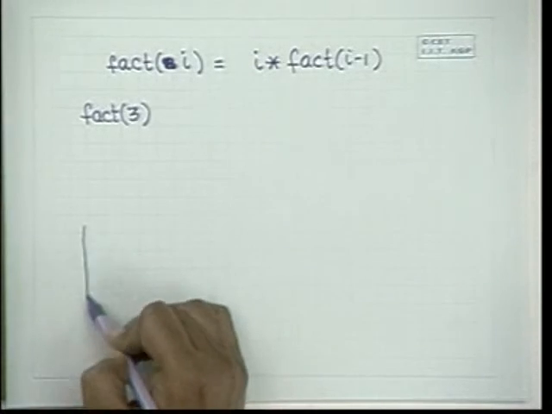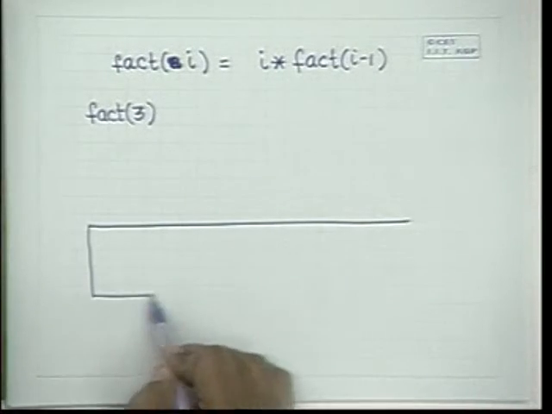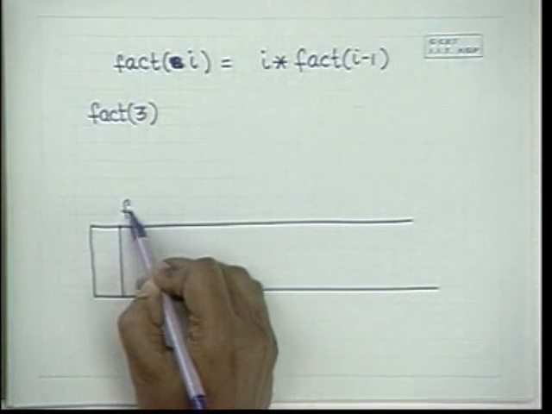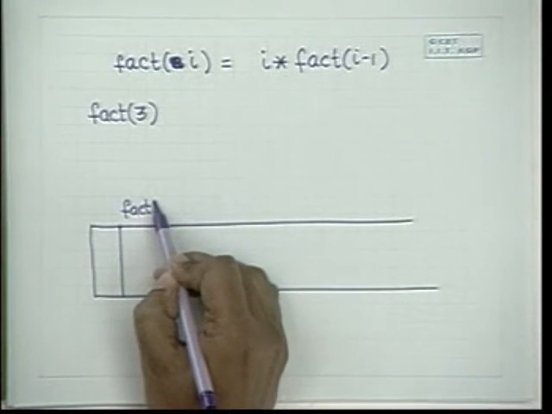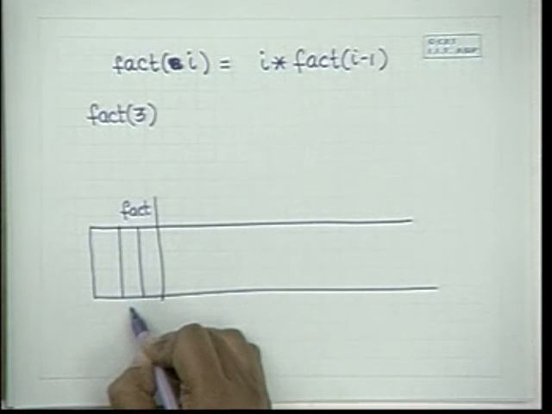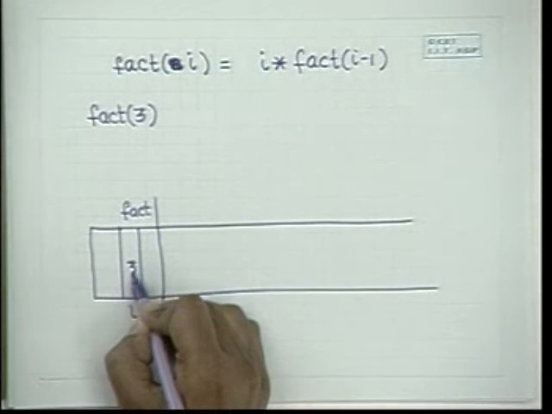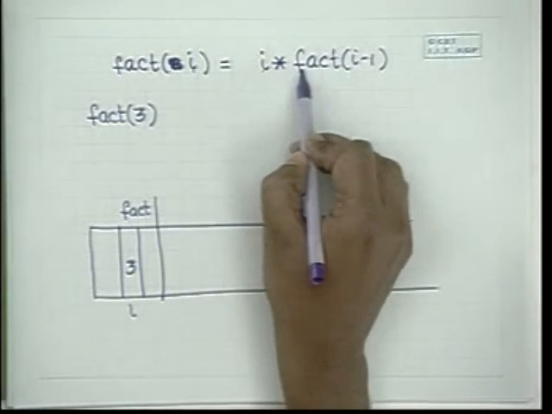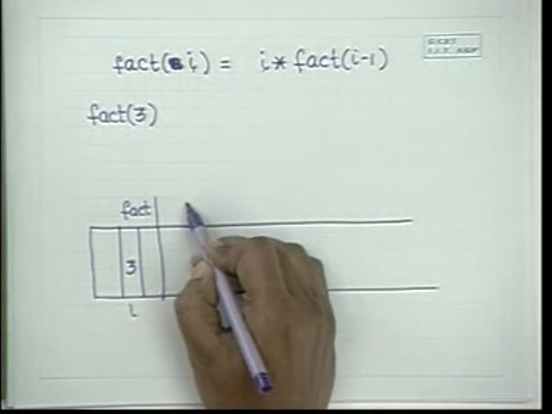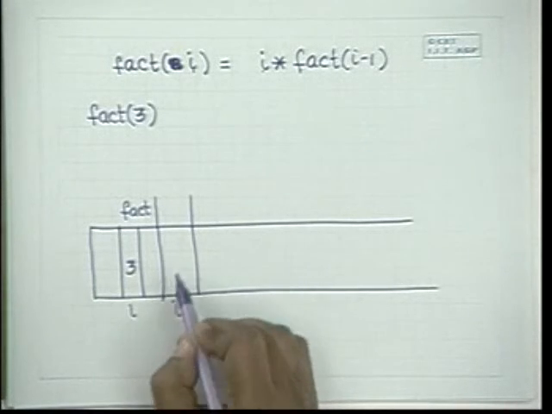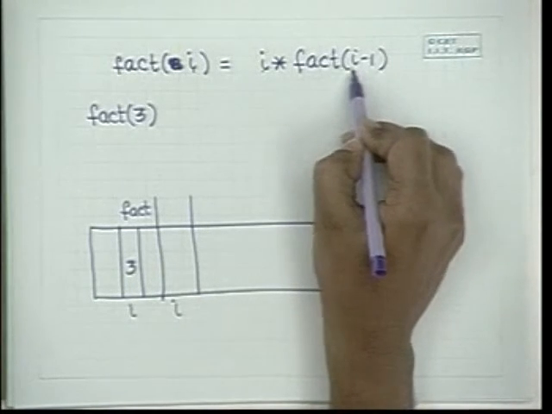So now what happens here? A data segment for fact is called, and here you have got the variable I which takes in the value 3. Now once you get the value of 3, you again call fact. So another data segment here for I is created with value I minus 1.